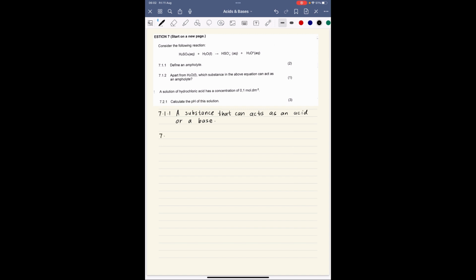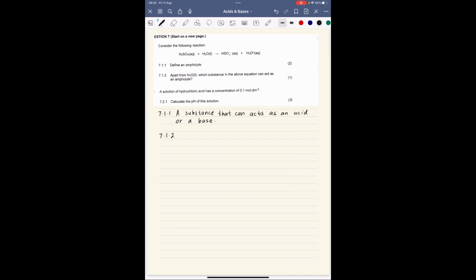We move on to the second question. Apart from H2O, which substance in the above equation can act as an ampholyte? So what qualifies something to act as an ampholyte? Let's actually put some flesh into this definition that we did in 7.1.1.